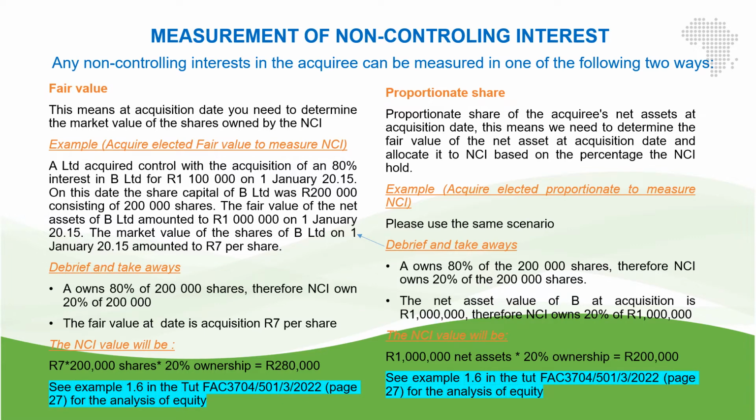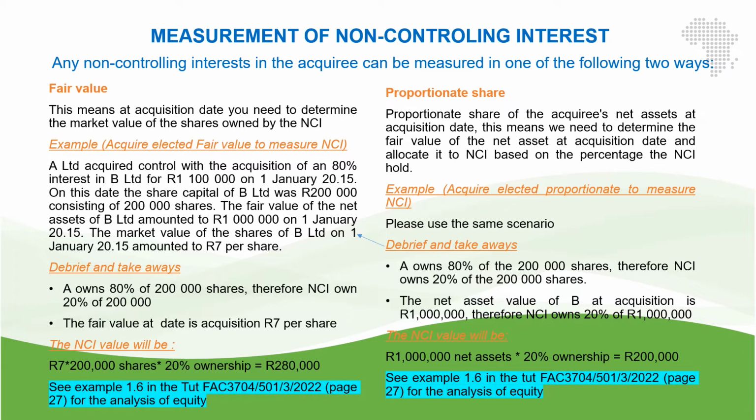So we know that A owned 80% of the 200,000 shares. Therefore, the NCI will own 20% of that. And we've also been told that the fair value is 7 rand per share. Therefore, the NCI will be 7 rand per share by the total number of shares by the percentage that the NCI owns, therefore we will land with 280,000.